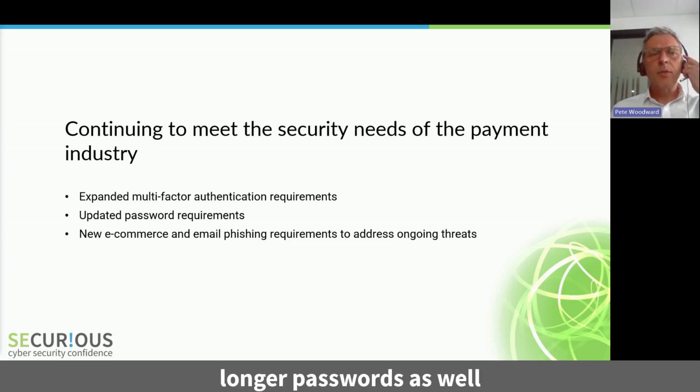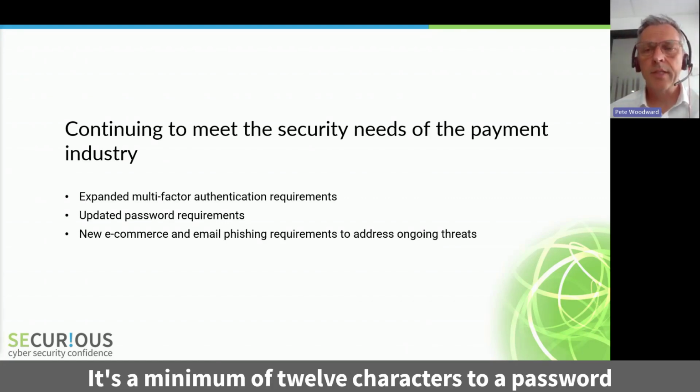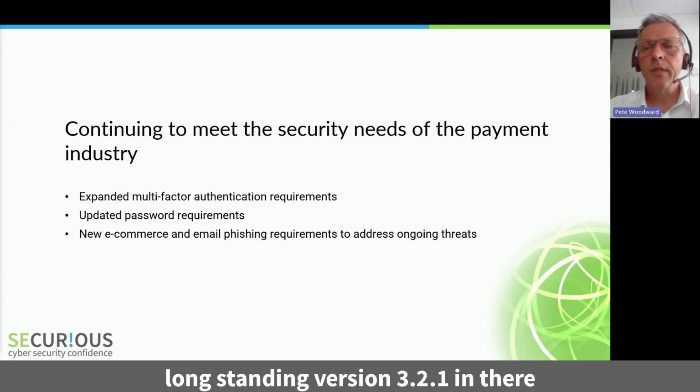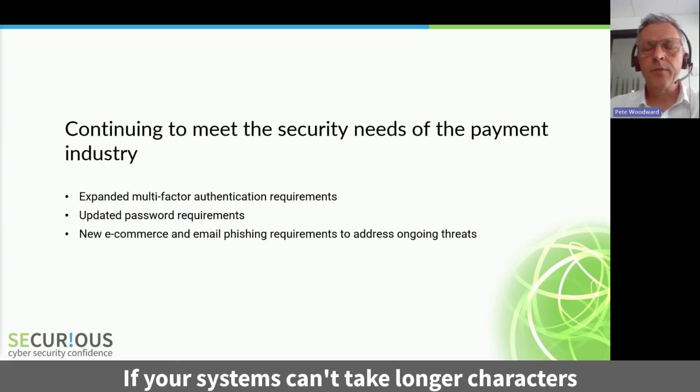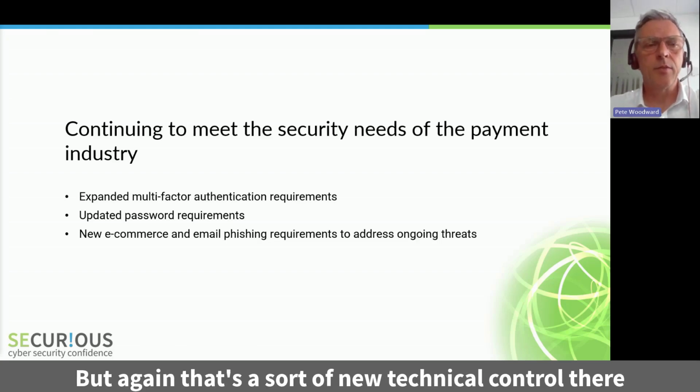Longer passwords as well. Complex passwords are now required. It's a minimum of 12 characters now, as opposed to 7, which was the long-standing version 3.2.1 requirement. There are obviously exceptions to that. If your systems can't take longer passwords, then reverting back to 8 characters. But again, that's a new technical control there.